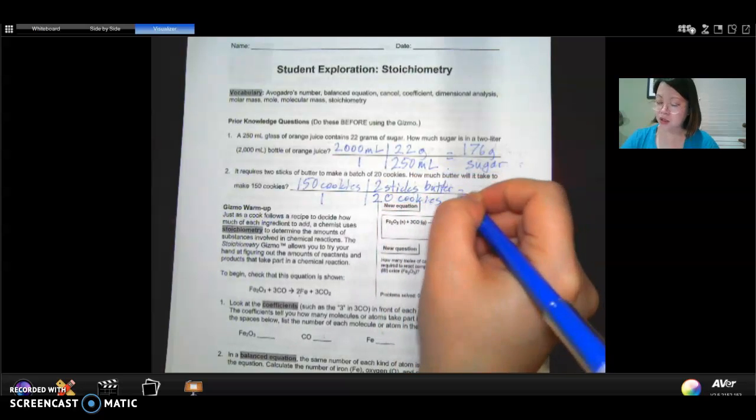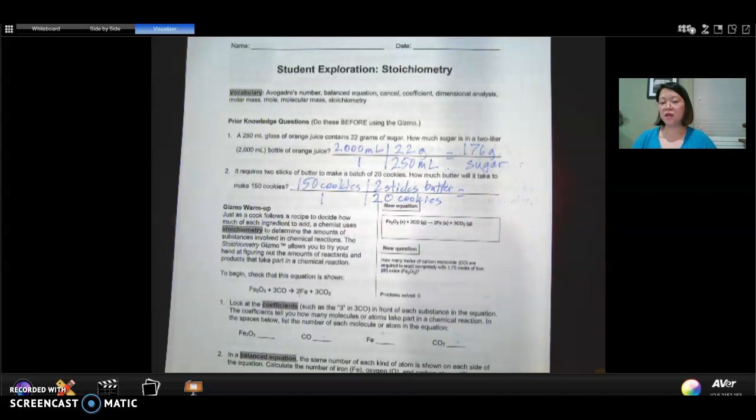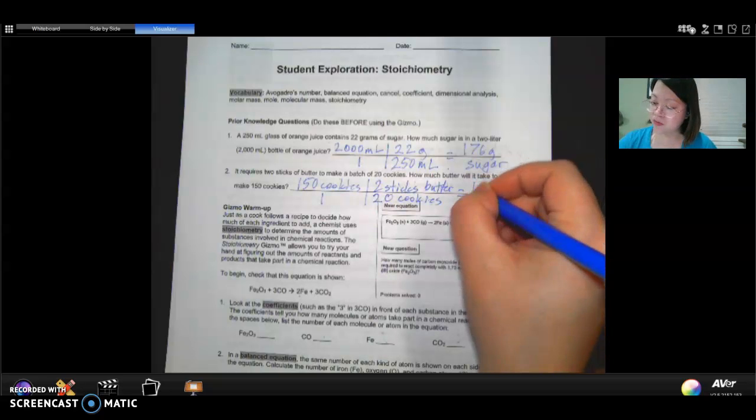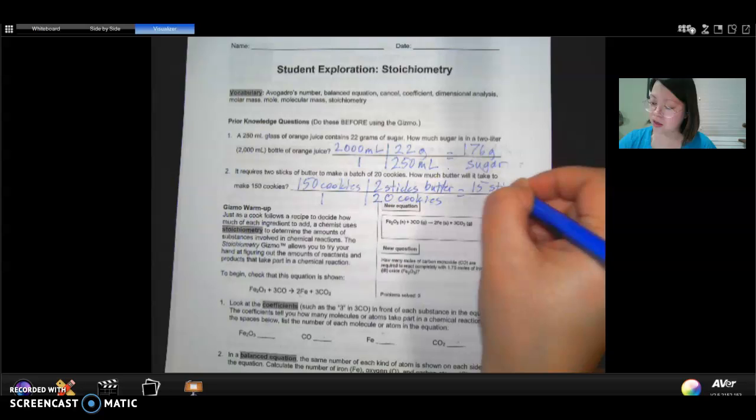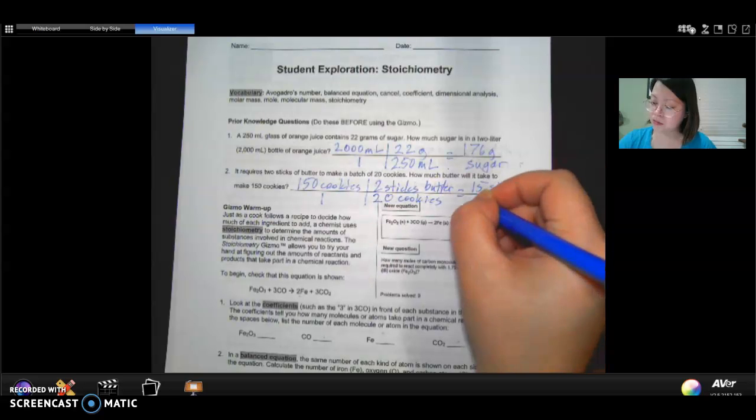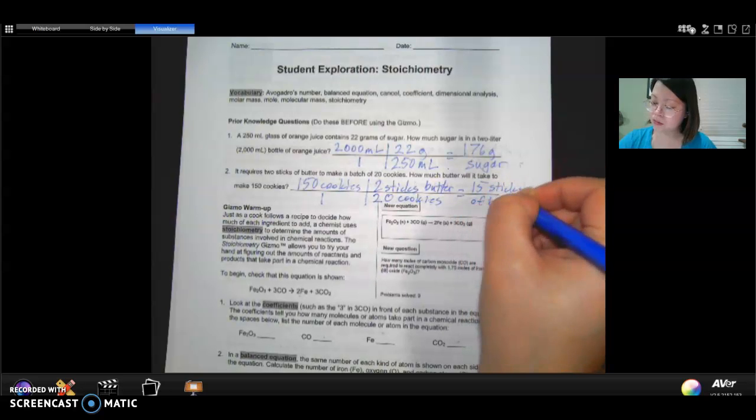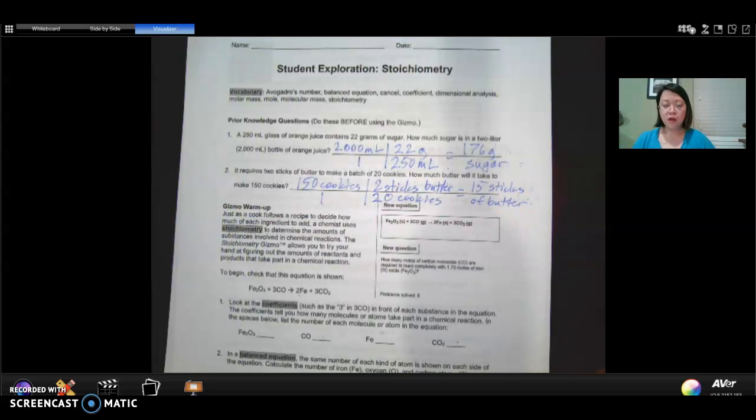So for this calculation, you're multiplying 150 times 2 and then dividing that by 20. So we're going to end up using 15 sticks of butter. And so that's our answer for number 2.